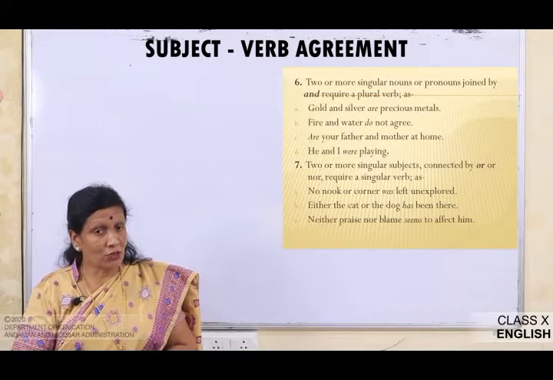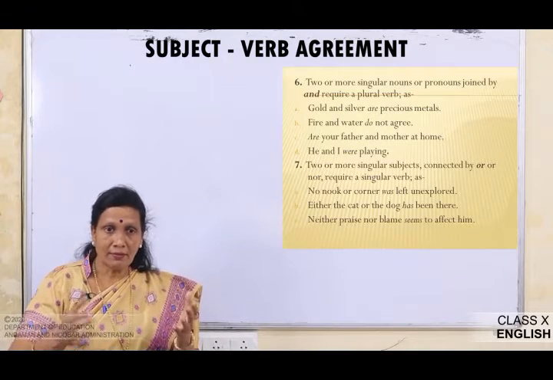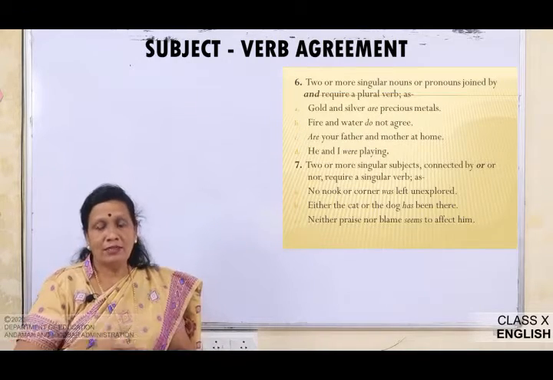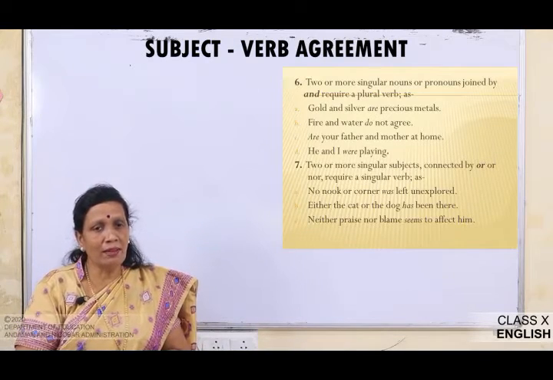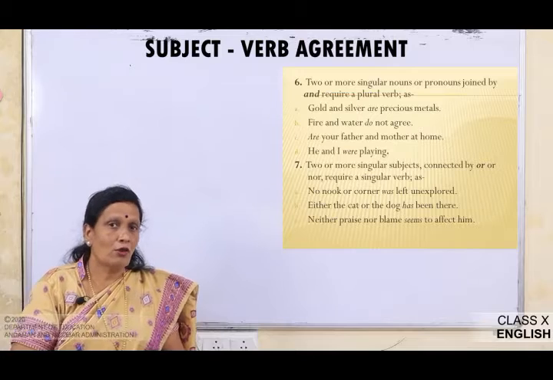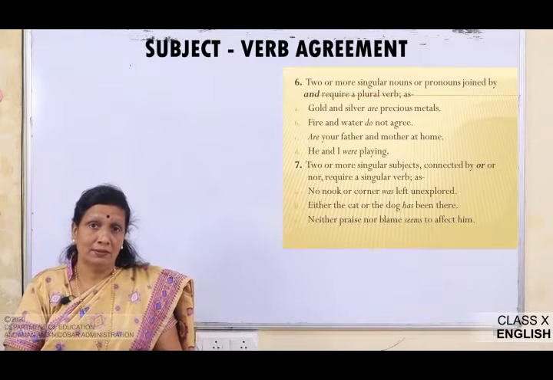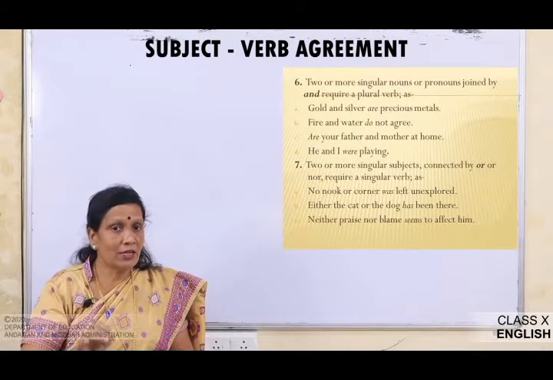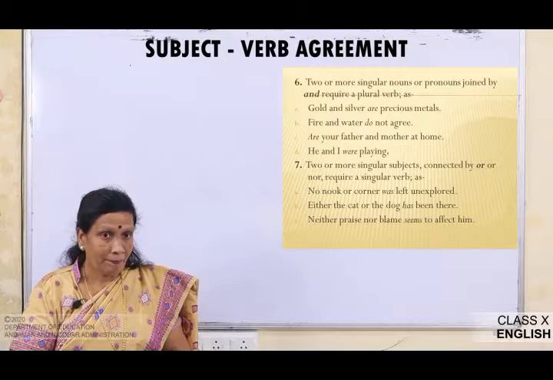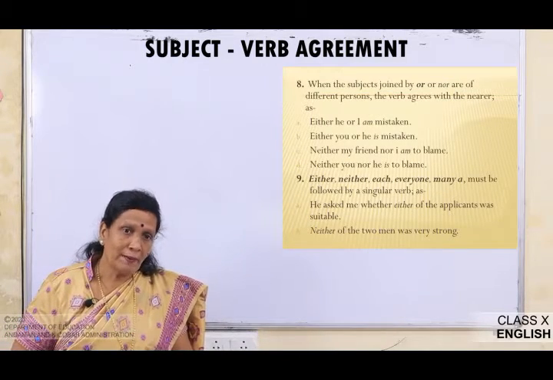Either the cat or the dog has been there. When we use either, or, neither, nor, then we use the singular verb. For example, neither praise nor blame seems to affect him. We have used the S form here because we are using the singular verb. I hope you are listening very attentively, children.